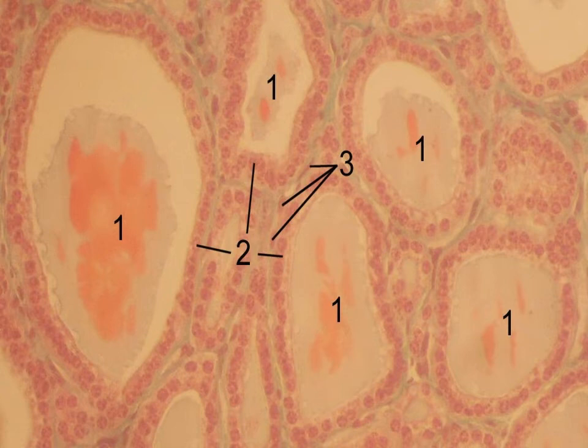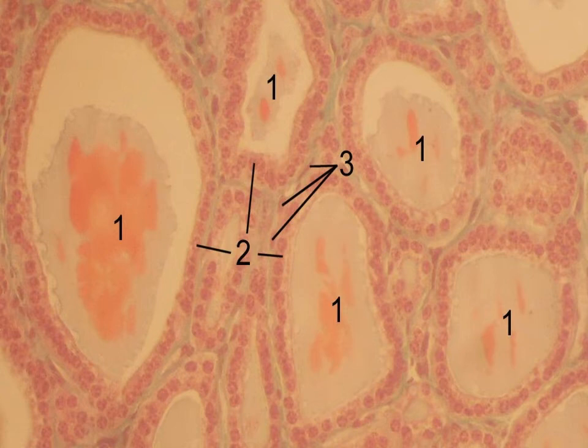Number 1 on this microscopic slide of thyroid tissue is actually inside the thyroid follicle. And in the thyroid follicle, the number 1 here, you can see it's pinkish stained, is thyroglobulin. And the thyroglobulin is produced by number 2, which is the follicular cells, which surround the thyroid follicles.